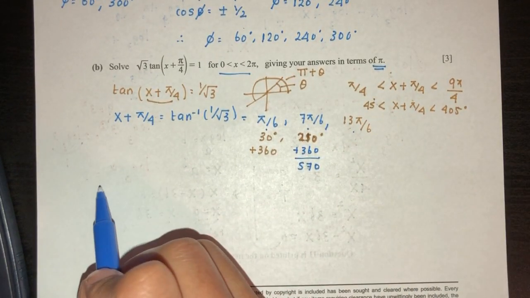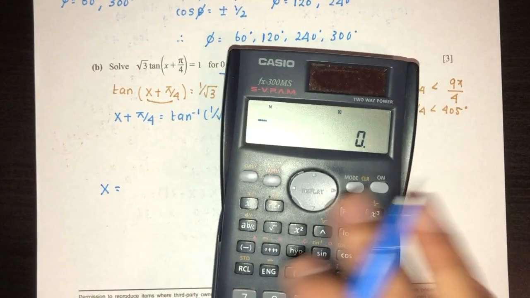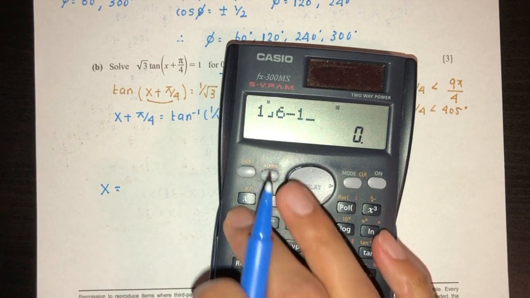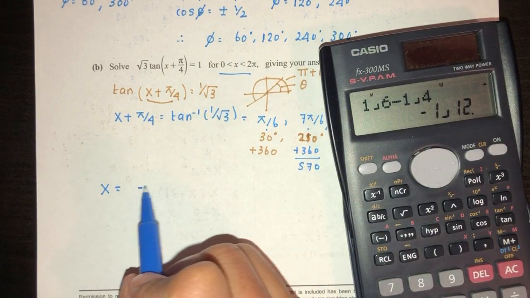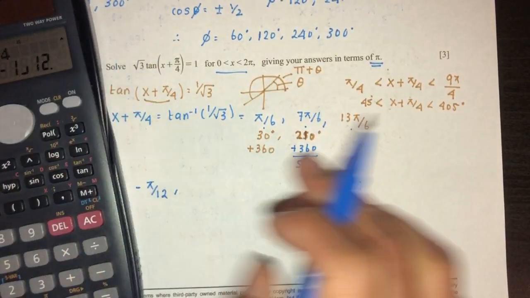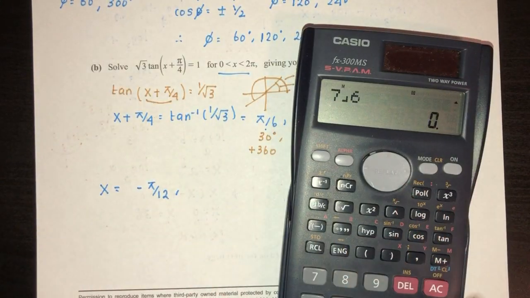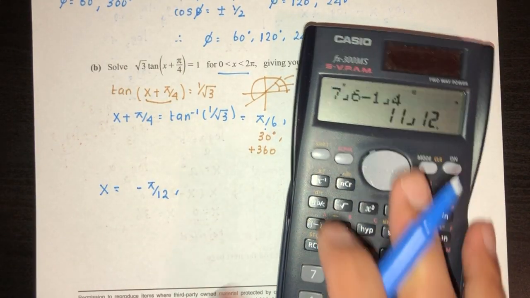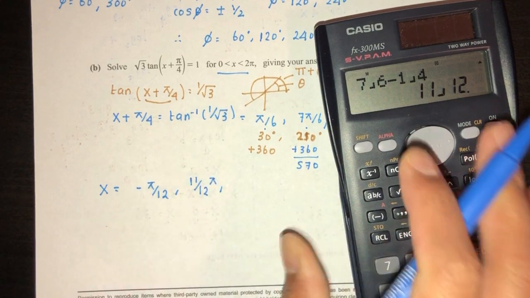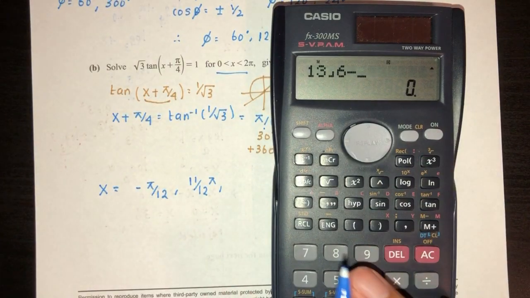So right now you have x is equal to pi over 6, which is 1 over 6, minus 1 over 4. That will be minus pi over 12. And then you will have this one, 7 over 6 minus 1 over 4. That will be 11 over 12 pi. And then you will have 13 over 6 minus 1 over 4.